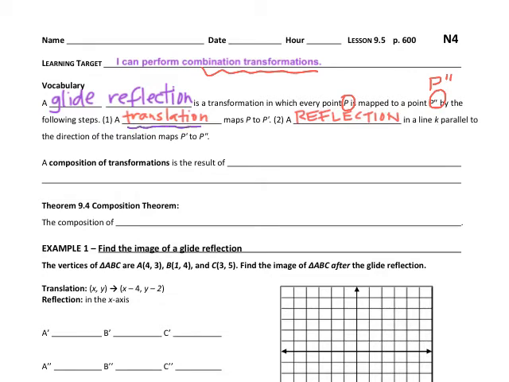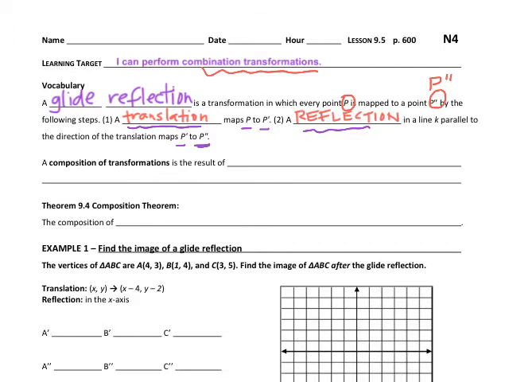We're going to move it, shift it, glide it somehow on the coordinate plane so that P becomes P prime. The second thing we're going to do is a reflection in a specific line, whatever that line is, so that P prime is going to become P double prime.